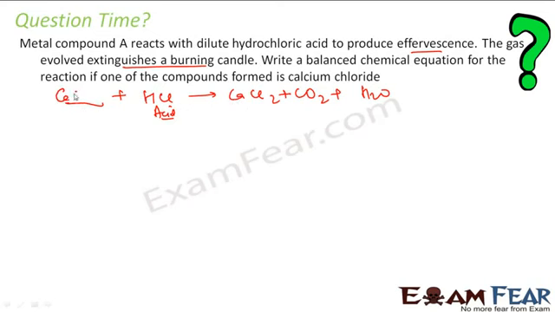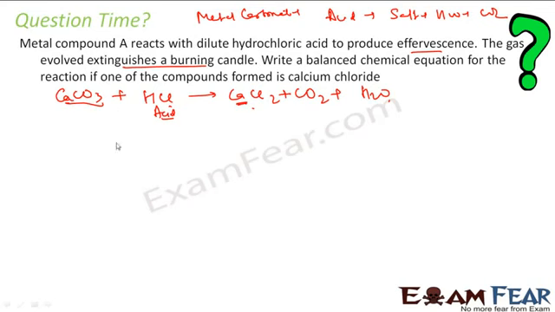This can be calcium carbonate, because calcium is already there. We know that metal carbonate plus acid is equal to salt plus water plus carbon dioxide. Salt, carbon dioxide and water are already there, and acid is here. That means it has to be metal carbonate. Let's assume it's calcium carbonate.